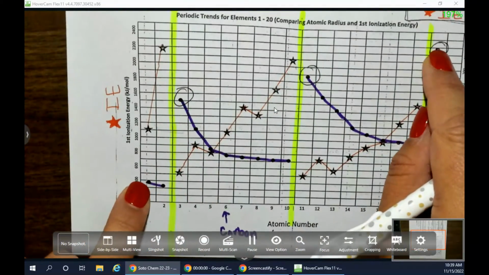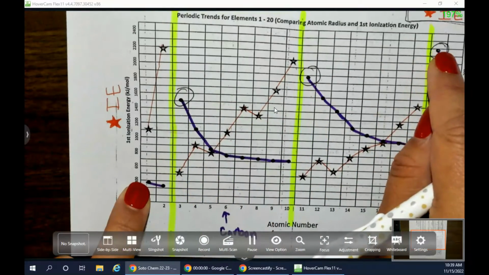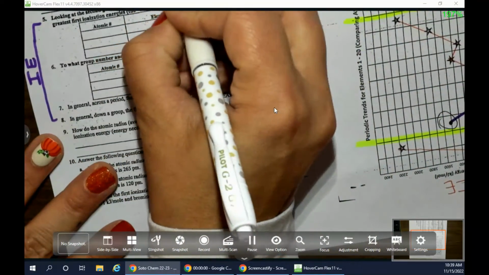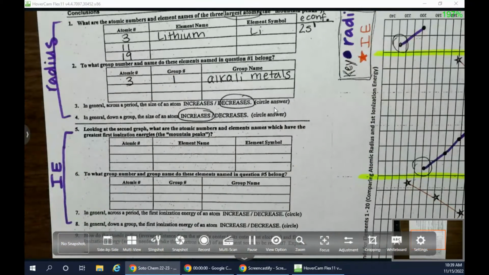You could even include the one way down here. What's the trend of those 3? They increase. Okay, so that's how you're going to handle your dot questions.